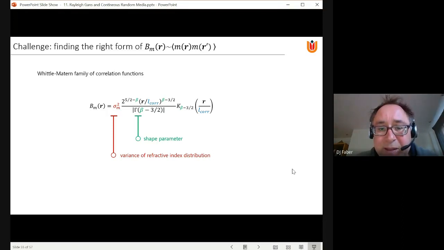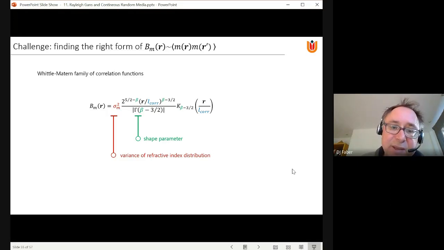Then there is a parameter beta that governs what the shape of this function looks like. It's not necessarily an integer, I think. If it is a low value, close to 0, then you have a kind of exponential function, I think. And if it goes to higher values, then it becomes more Gaussian shaped.